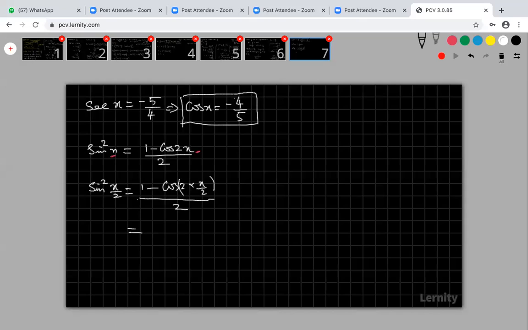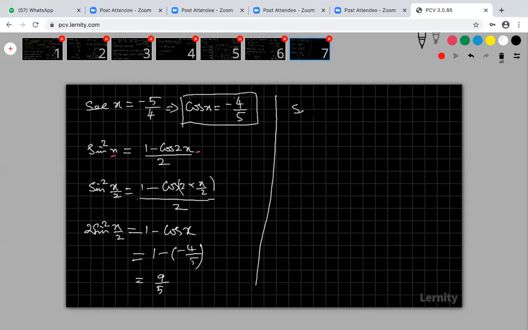This is the relation between sin x by 2 and cos x. Okay, now I know cos x. What is my cos x? 1 minus minus 4 by 5. Okay, simplify this. This is not cos square x, only cos x. Right? So therefore, this is 5 plus 4, so 9 by 5. This is my 2 sin square x by 2. What is actually sin square x by 2? My sin square x by 2 is 9 by 10.